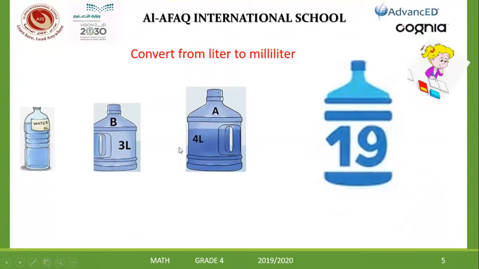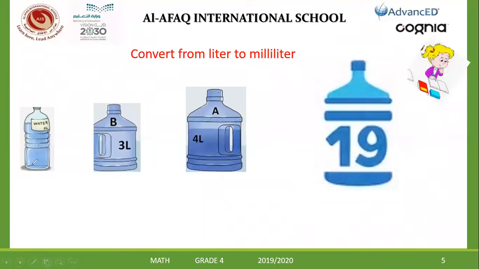After we said each 1 liter equals 1000 milliliters, we can convert an amount of liters to an amount of milliliters. Yes, of course. By what? By multiplying by 1000. So what if you have 2 liters? I said we have to multiply by 1000.